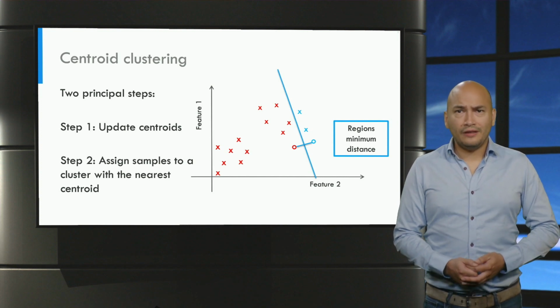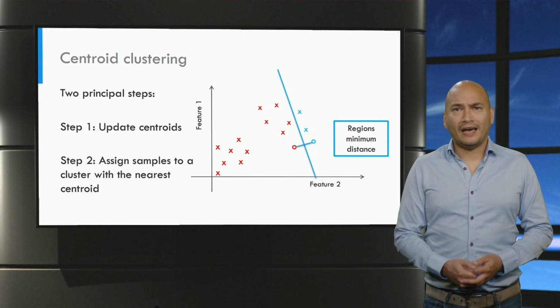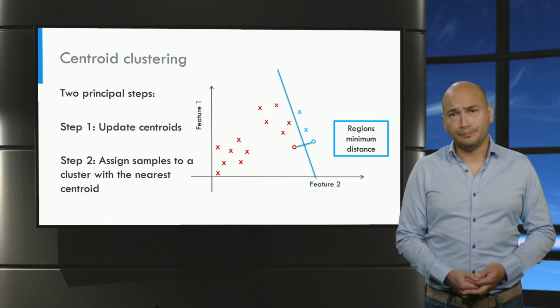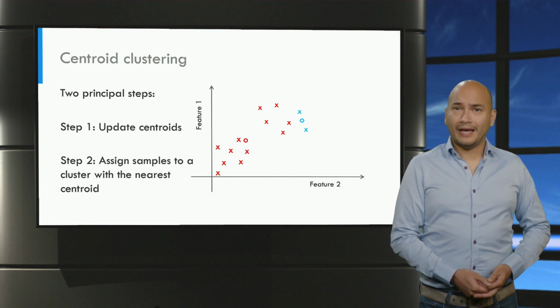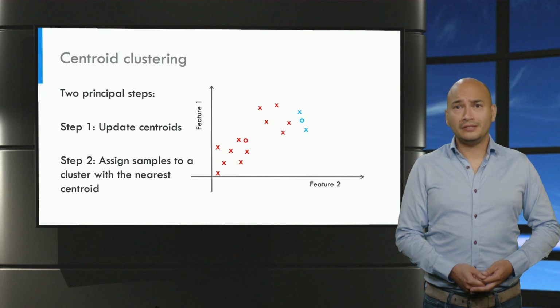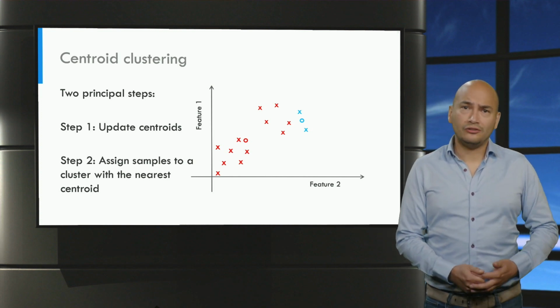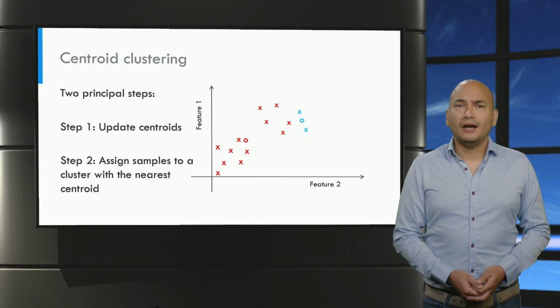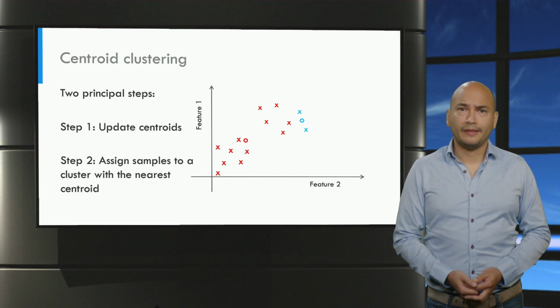On the left of the feature space, the data samples are now red and the samples on the right are in blue. In the next step, we go back to step 1 and update the centroids. For instance, we use the mean value of the clusters as new centroids, as you see how the red and blue centroids change their position in the feature space.